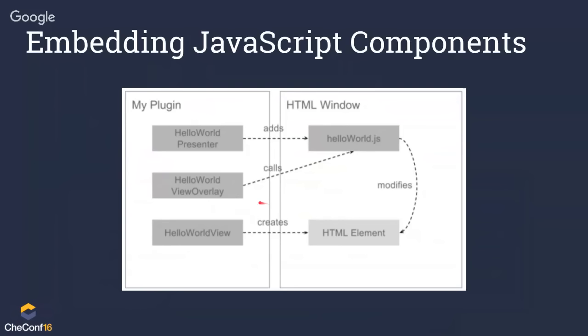And for that, again, we use a nice GWT capability. We create a class called overlay, which provides a Java API, as GWT applications are implemented in Java. And it forwards those calls to our JavaScript.